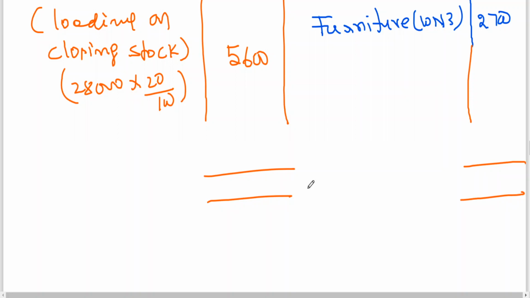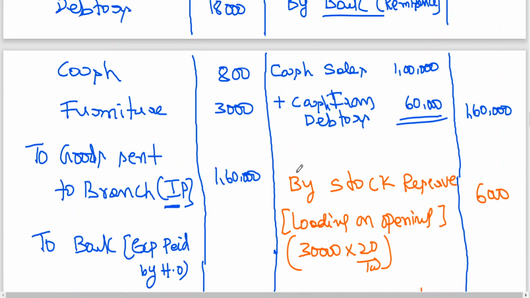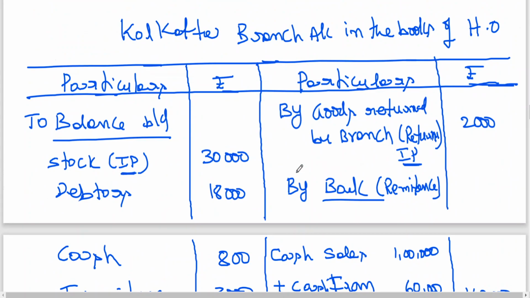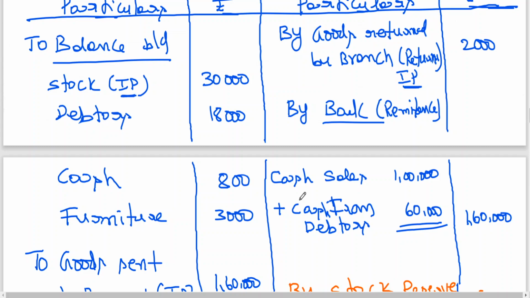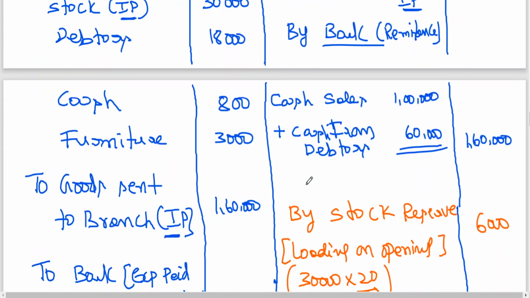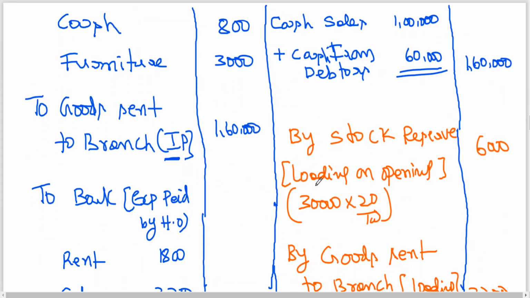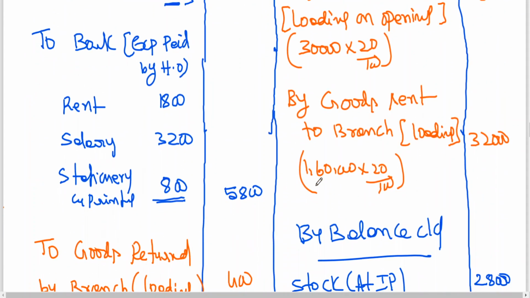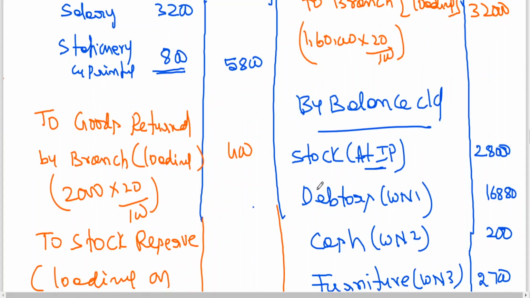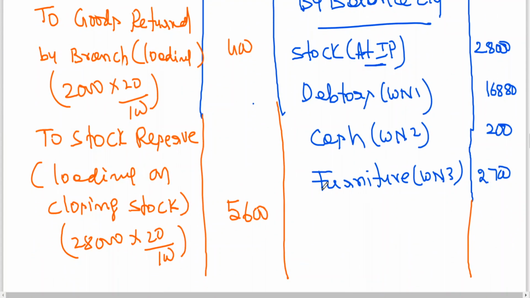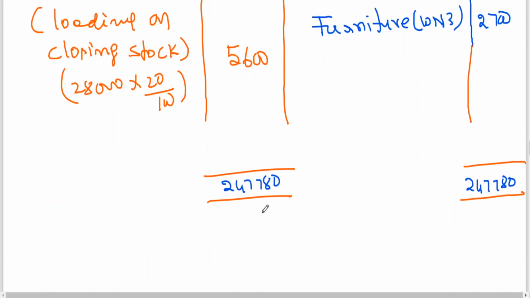It is coming to 2,47,780. Two lakh 47,780 minus, you keep on deducting that, you are getting 24,180 is the profit.